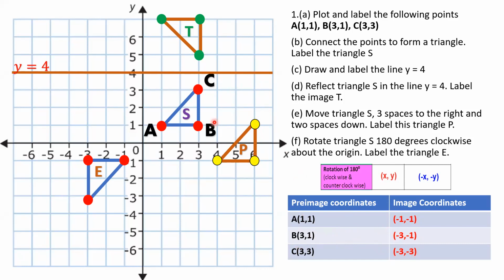Then we plot those points. So -1, -1, we put that there. Then -3, -1, put this here. And then -3, -3, put this here. And so that's how we get it. All right, you done? Yes, sir. Thank you. Good. So that's how we do this one.